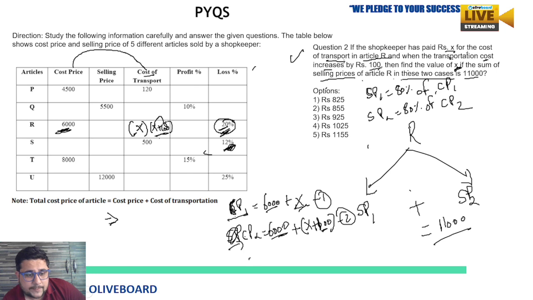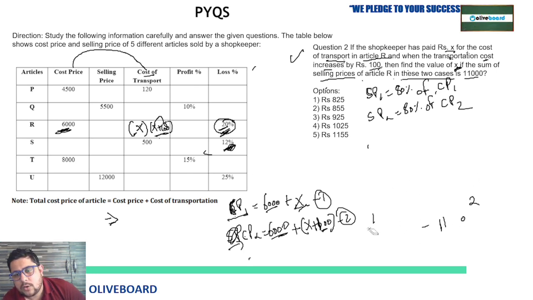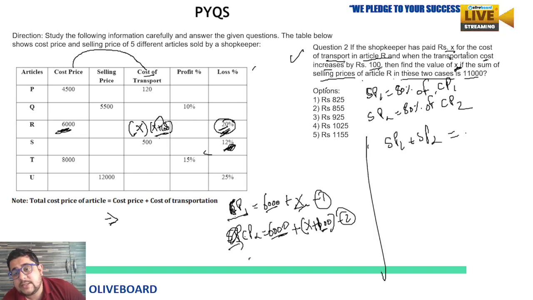Okay, wait. So now just put in the condition. As per the condition, you have to calculate. The condition is SP1 plus SP2 is equal to 11,000. This is what you know. So 80% of CP1. CP1 is how much?